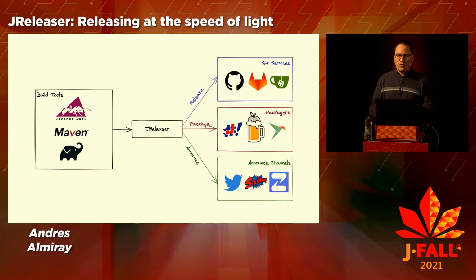Those you supply to the JReleaser tool, and in turn, JReleaser can create a Git release for you, be it on GitHub or GitLab or other Git services. It can also create those platform packages, Homebrew, Snapcraft, Chocolatey, and additionally, it can also announce a release to many distribution channels. Perhaps the most popular ones could be Twitter or Slack or even SDKMAN.